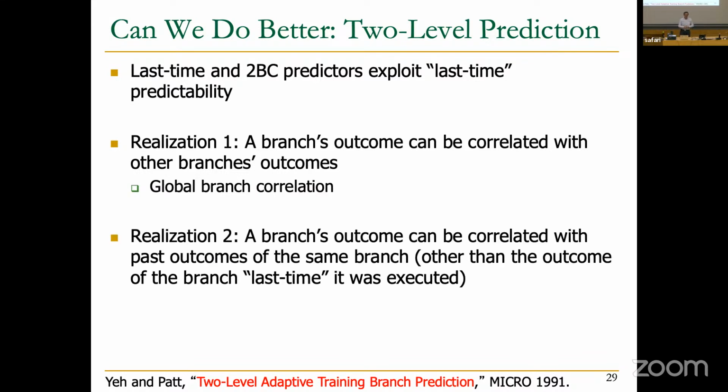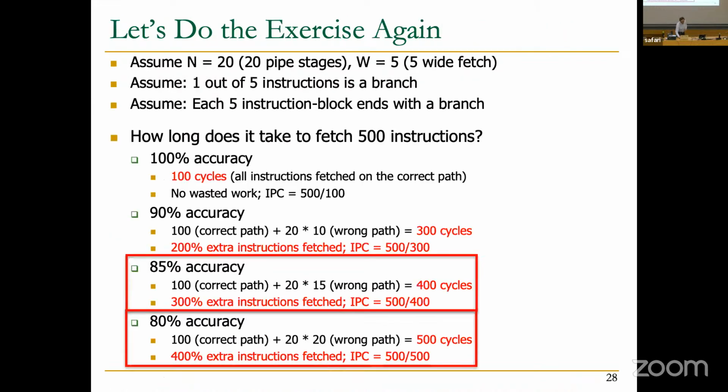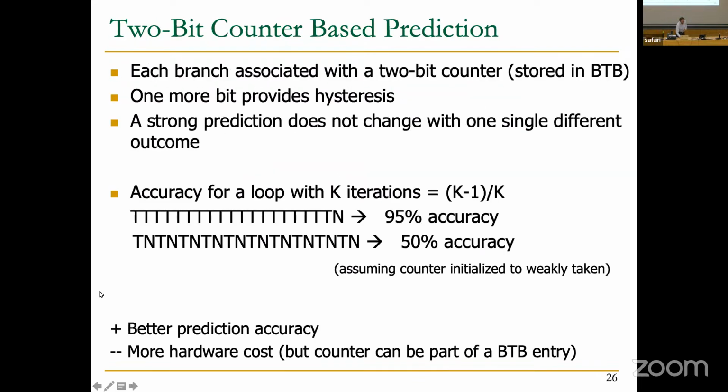People also realized that a branch's outcome can be correlated with past outcomes of the same branch, other than the outcome of the branch last time it was executed. So you look at a bigger pattern of history of what happened to this branch, and that gives you the prediction currently. That will fix the problem with this second one.